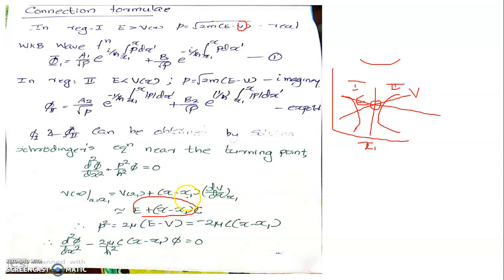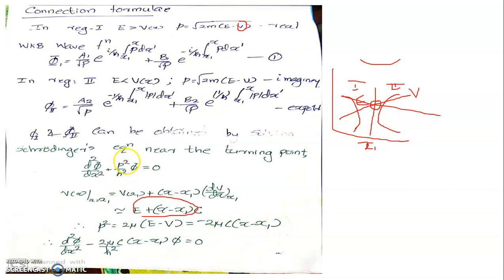As x minus x1 is infinitesimally small, its cube, fourth power etc. will be largely falling, and we assume that those terms are of no significance as far as the magnitude of p square is concerned. So p square equals minus 2 mu c into (x minus x1).